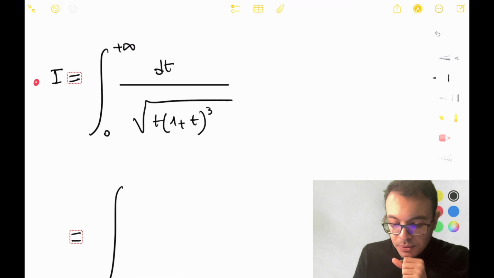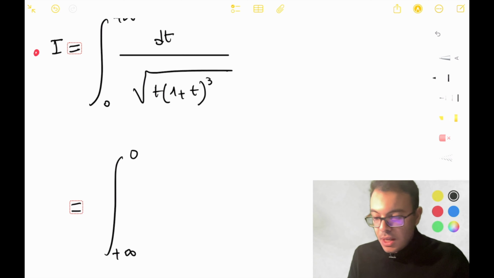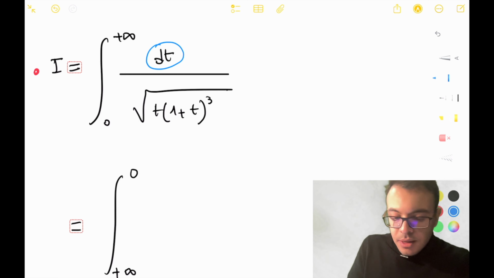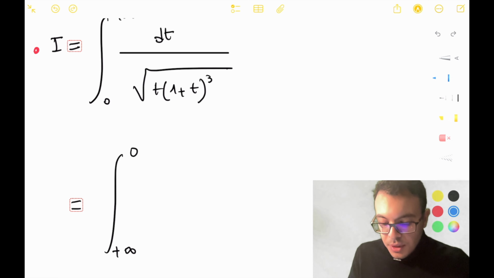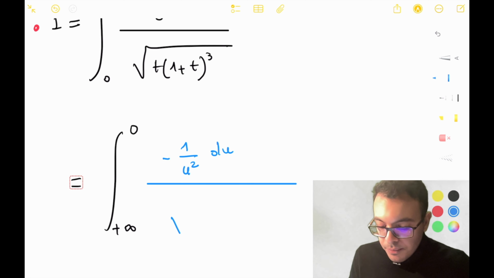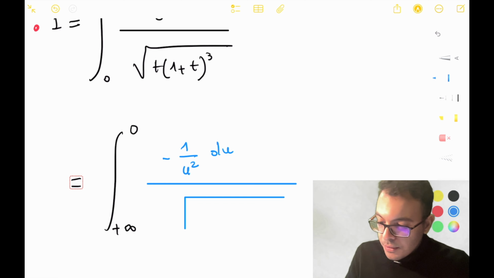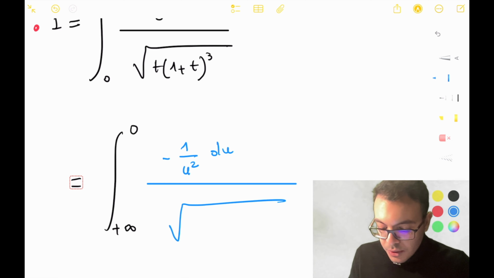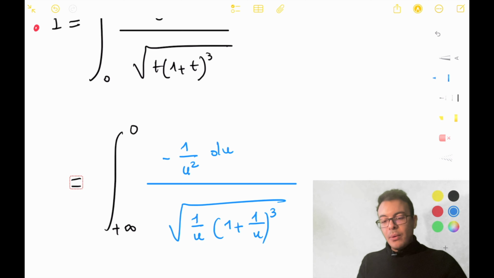When t equals plus infinity, here we have 0. We can replace dt by minus 1 over u squared du, and we are going to replace also t here by 1 over u, so (1 plus 1 over u) to the third power.